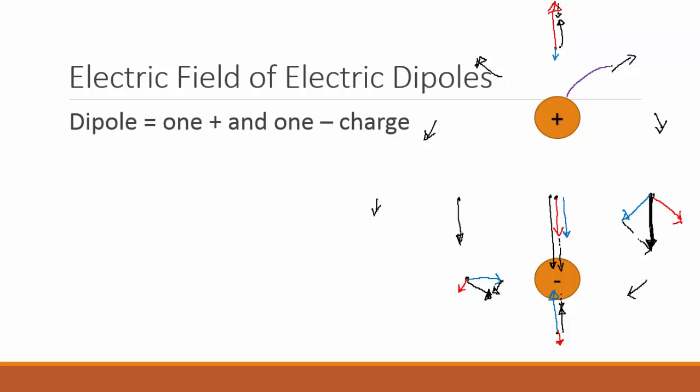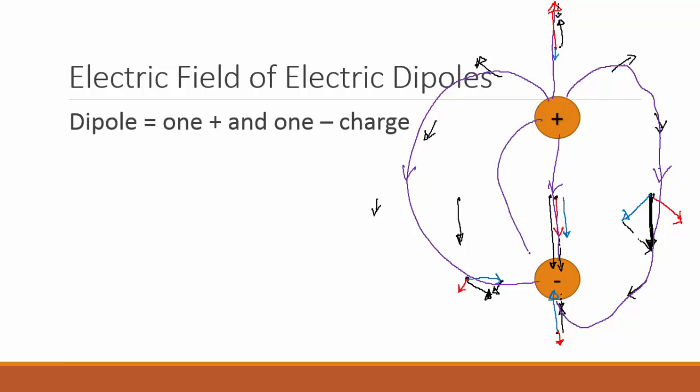So if I go around like this, down here, over here, and in here, the arrows all are kind of flowing out like this, in a pattern that looks like this. And straight down here, like this.